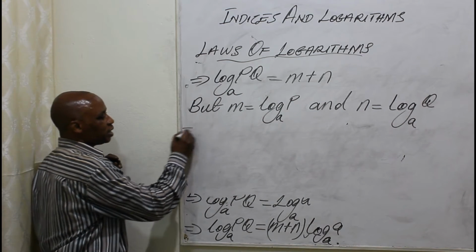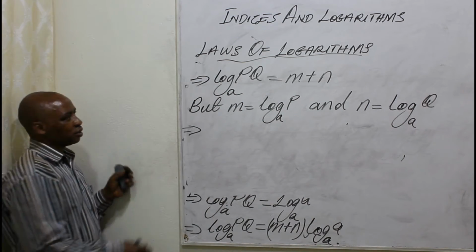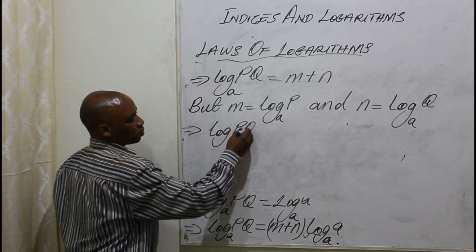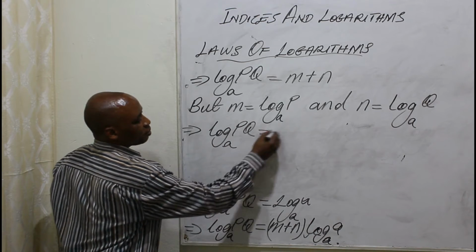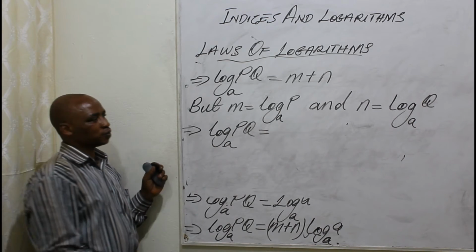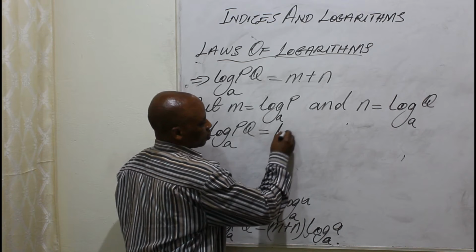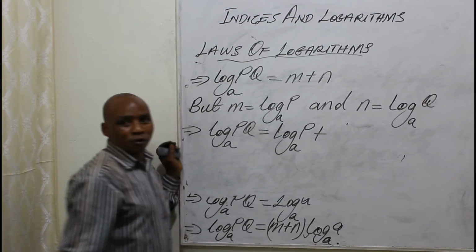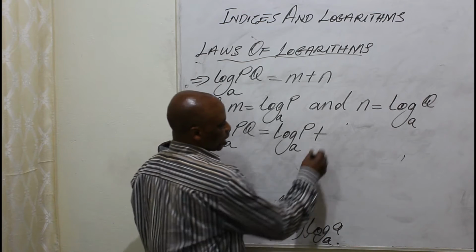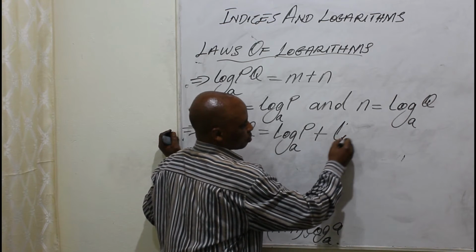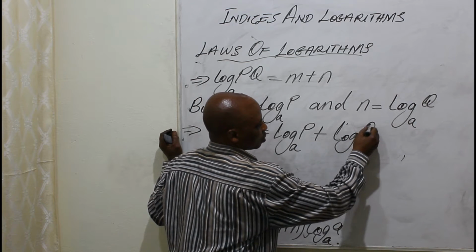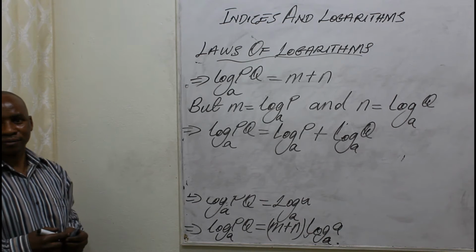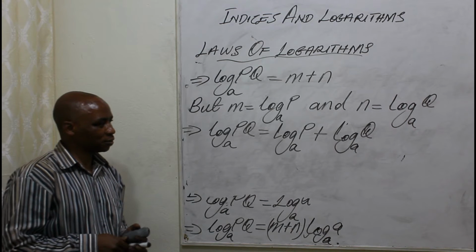So substituting this into the equation, we will end up getting log of pq to base a being equal to log p to base a plus log q to base a, as required.